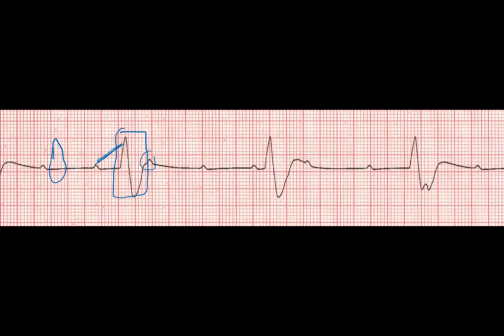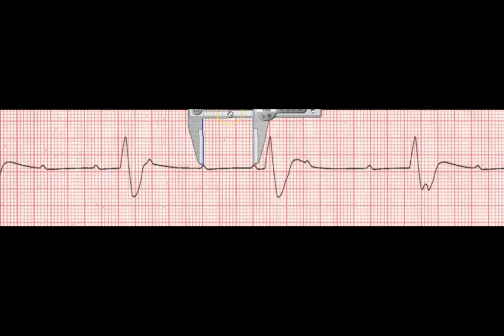This looks like it might be a P wave, but I'm not 100% sure. So what can I do with this? Well, we're going to erase my marks here, and I'm going to pull in my calipers. And what I do is I look at two P waves that I know for sure exist. So there's two P waves.